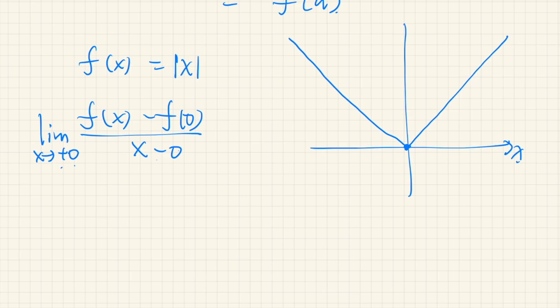Okay, so it's plus 0. So since x is positive, f of x is just x, and f of 0 is 0. So x divided by x, as x goes to 0 from the right, is just 1. So this limit is 1. So the right limit is 1.